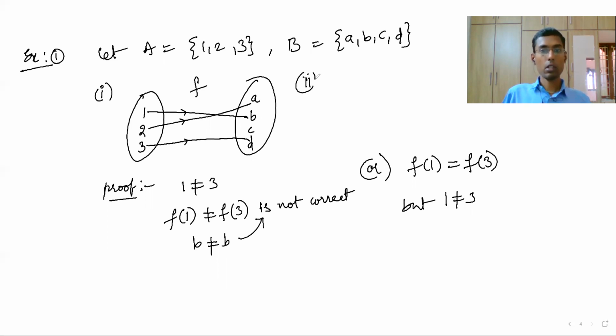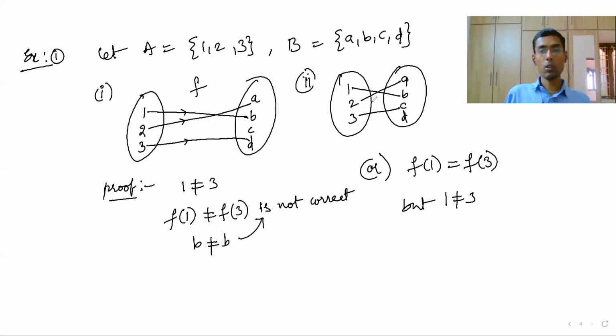So now let's take another. You have A, B, C, D, 4 elements you have. Okay, this is also 1-1. Different elements have different images. Here D doesn't have a pre-image. Okay, the pre-image of A is 2.